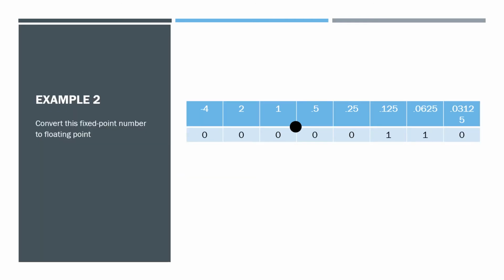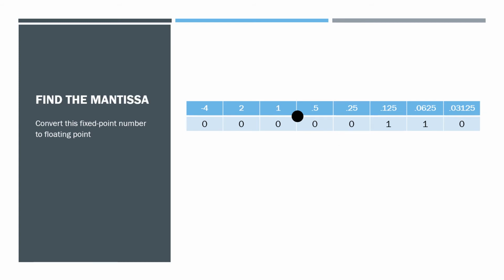Let's do it again. So, can you spot the mantissa in this fixed point number? Remember, the mantissa must begin 01 or 10. Because this whole number begins with 0, the mantissa must begin 0, 1. So there it is. That's the mantissa. Place the point where it goes, always 1 in from the start.